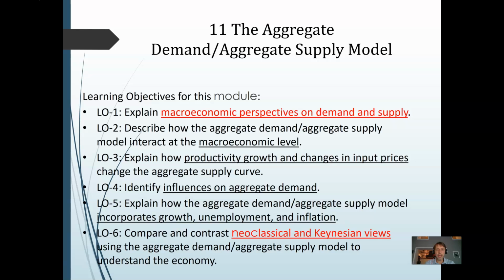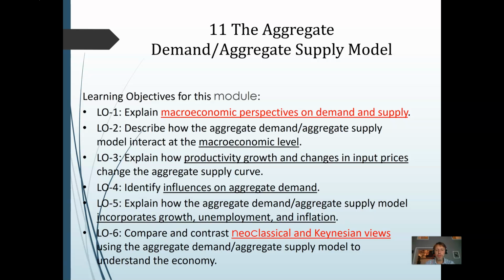We want to understand productivity growth and how that, and changes in input prices, can impact the supply curve, aggregate supply. Aggregate again just means summary, or summing the aggregate of all of the supply in a nation, all of the demand in a nation, and we'll see how that incorporates growth, unemployment, and inflation, some topics we've recently discussed.